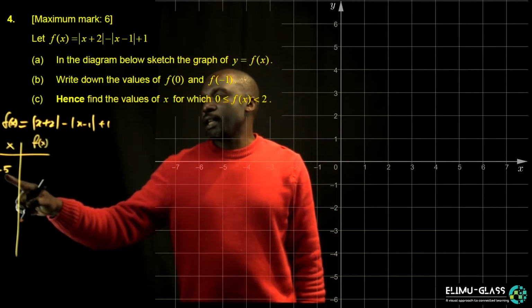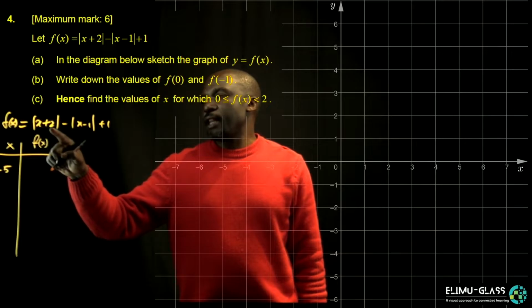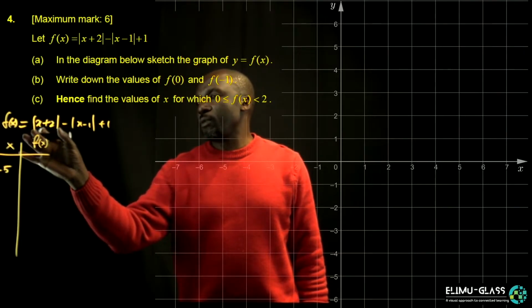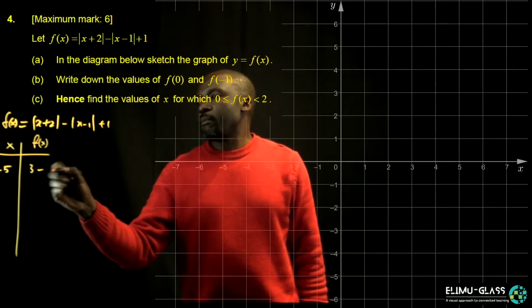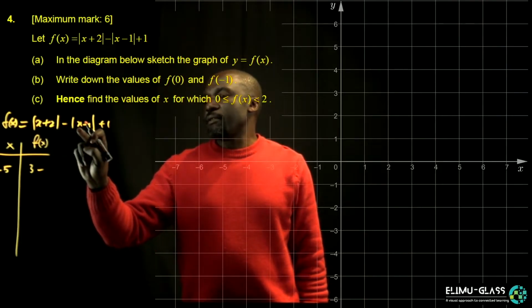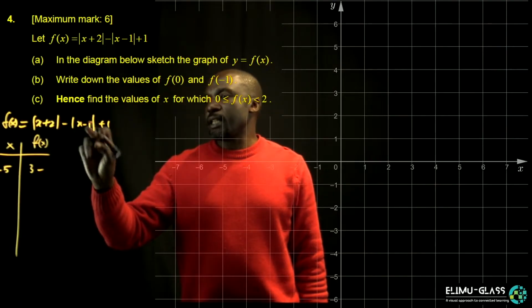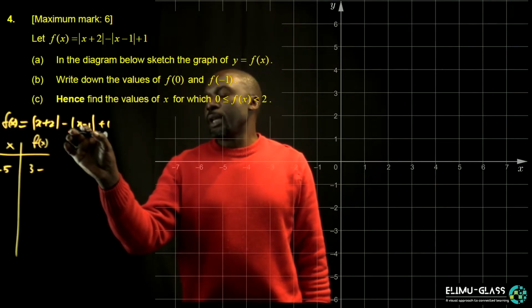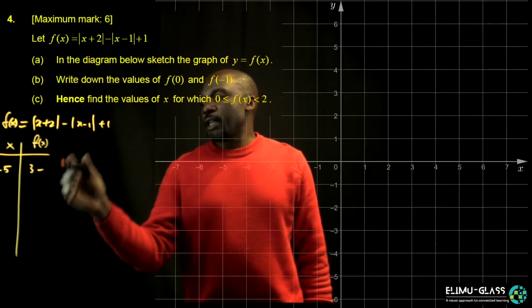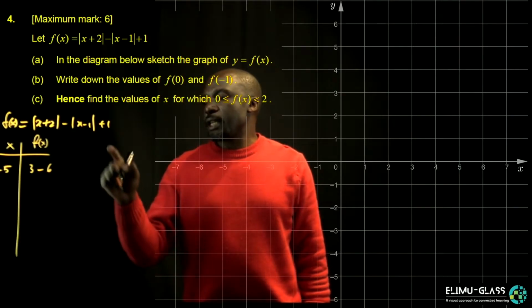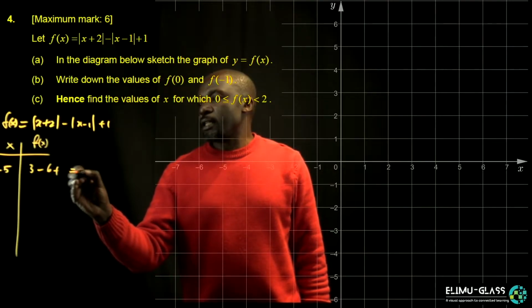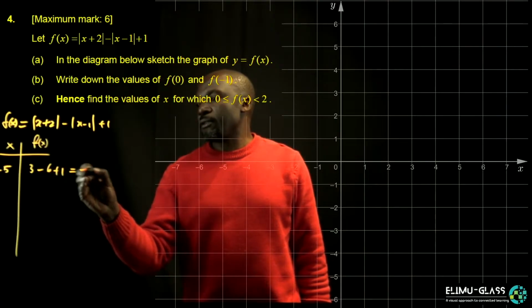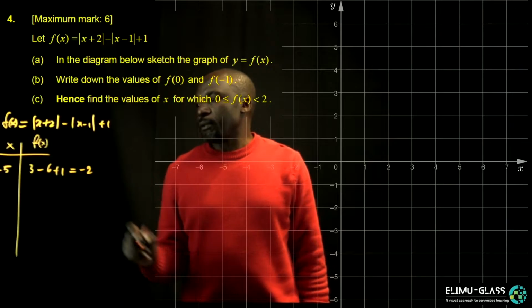So when x is -5, we have -5 there and there. That is -3, which becomes +3 when we take the modulus. Then we have minus, -5 there, that is -6, which becomes +6, so we are subtracting 6 and then adding 1. If you check that, this gives us a total of -2.